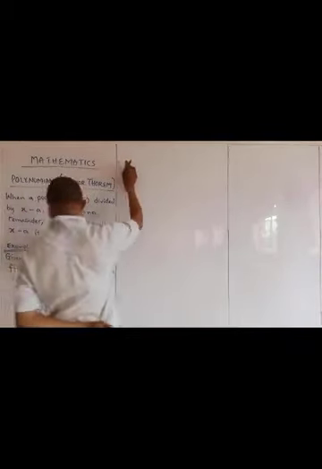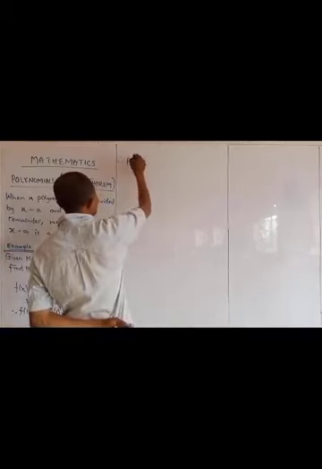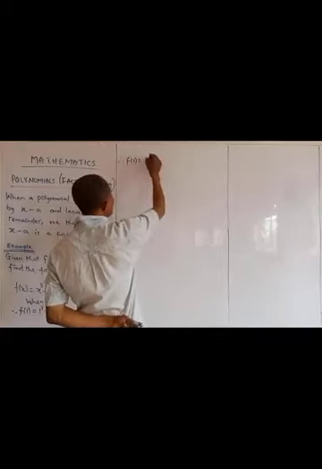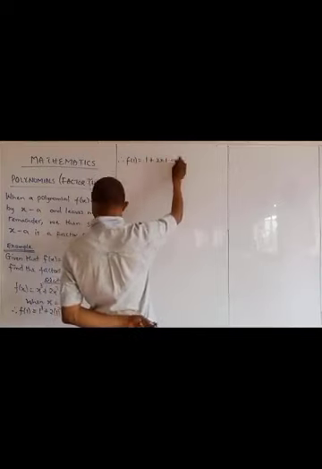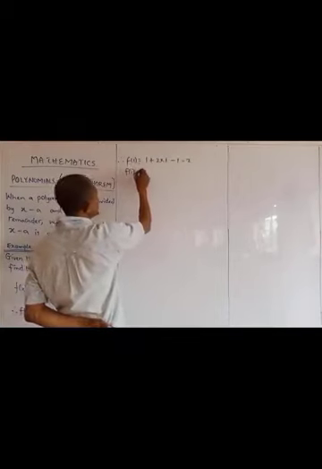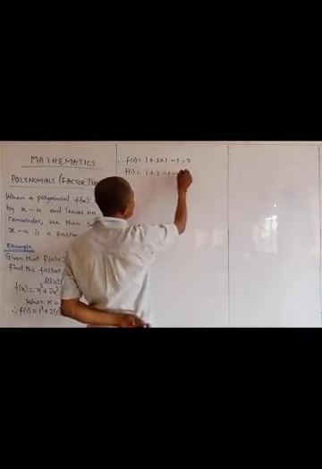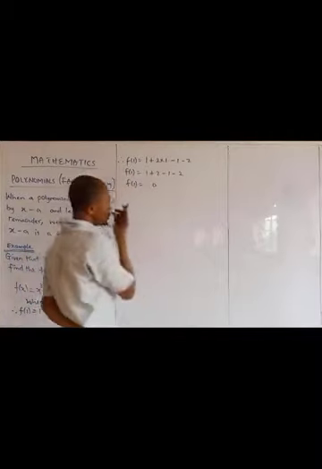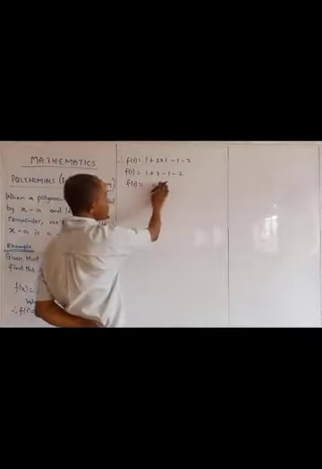Therefore, f of 1 will equal 1 cubed, that is 1, plus 2 times 1 squared will give us 1, then minus 1 minus 2. So f of 1 equals 1 plus 2 minus 1 minus 2, and f of 1 will be equal to 0. 1 plus 2, that is 3, then minus 1 minus 2, that's minus 3, and that will give us 0.